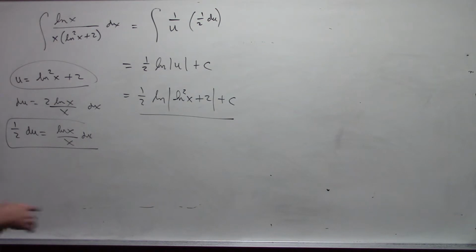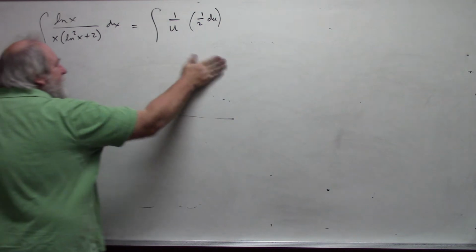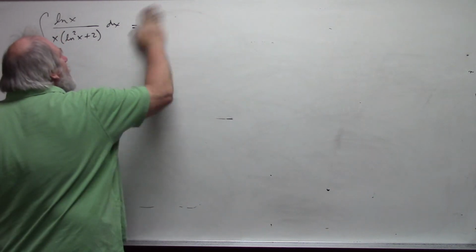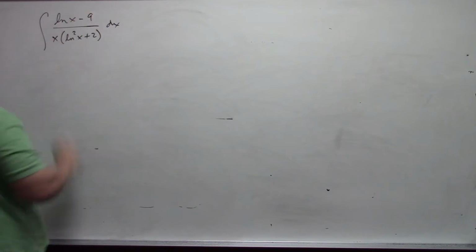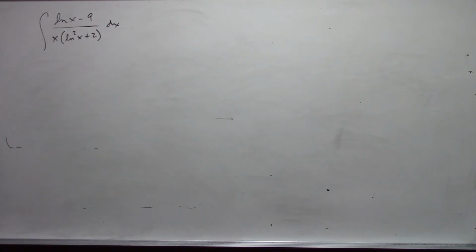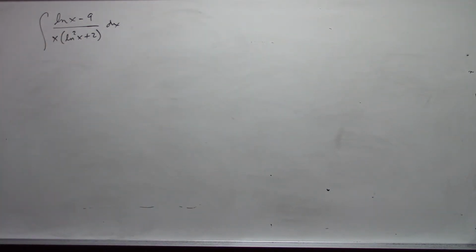The problem that I really want to do that involves actually multiple methods in the same problem is the integral of ln of x minus 9 over x times ln squared of x plus 2. And this was actually in the solved problem set. And in this case, my u is not ln squared of x plus 2.